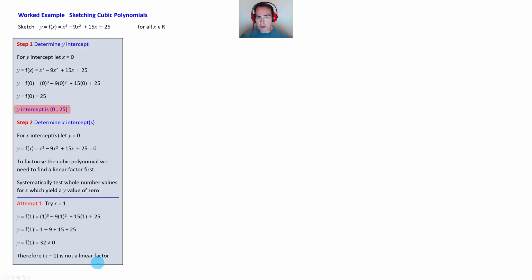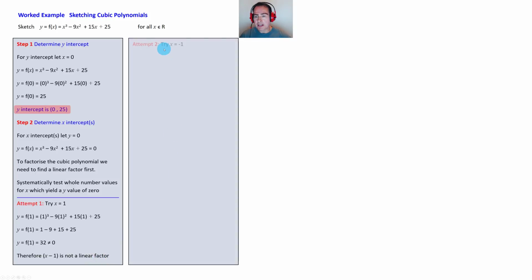So the next one to try is x equals minus 1. Substituting minus 1 in, we see here the use of brackets avoids any problems with squaring negative numbers. This gives us negative 1 minus 9 minus 15 plus 25. Notice the same values as before, but the odd powers, x cubed and x, give us negative 1 and negative 15 compared to positive 1 and positive 15.